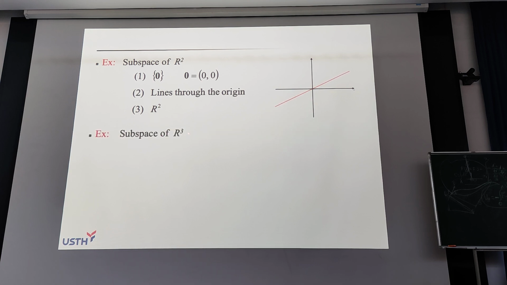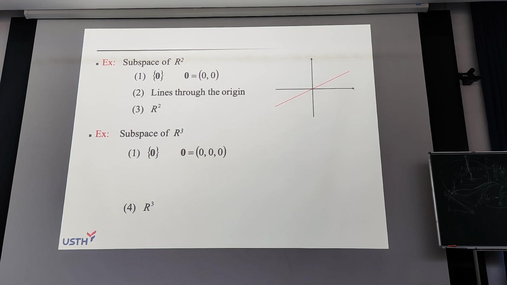Now we consider R3, that is the space as we know in high school. Again, we have the trivial subspaces, the zero vector and R3. Now, what else do we have?